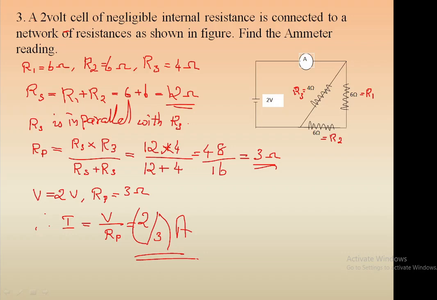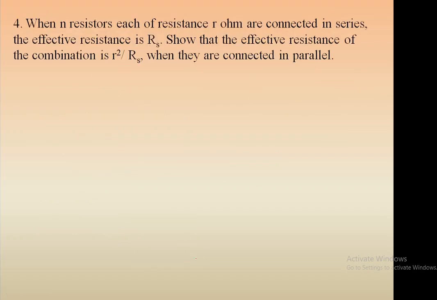Okay, now move to the next one. When n resistors, each of resistance small r ohm, are connected in series, the effective resistance is Rs.